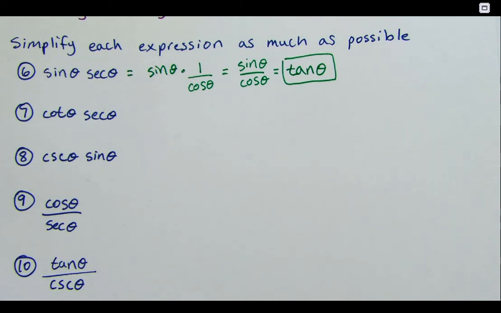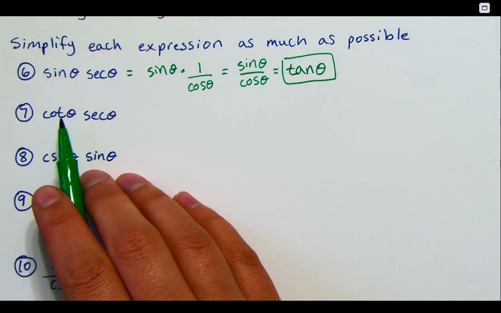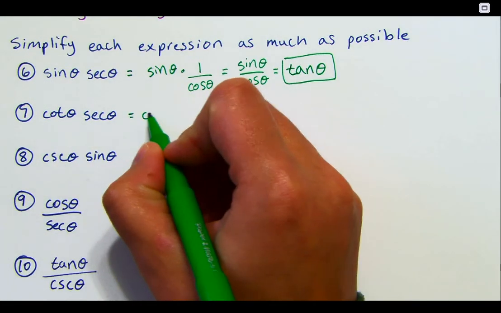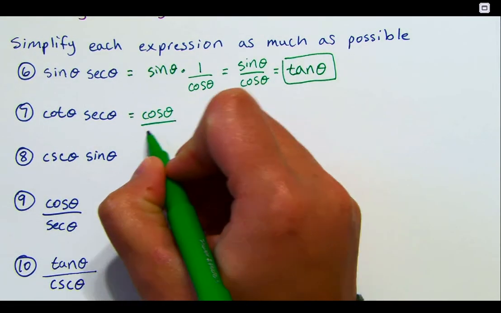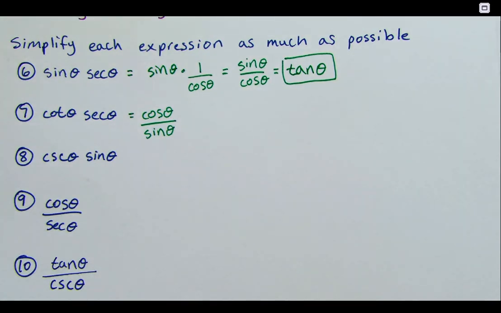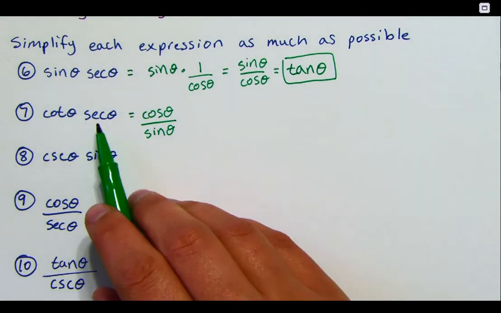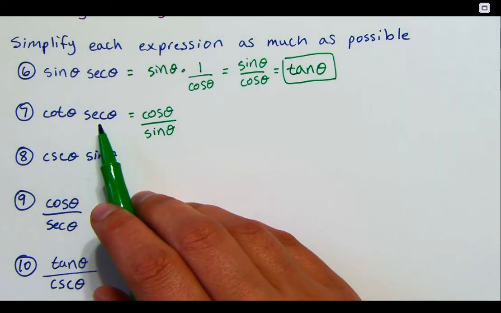So next one, I am going to start by replacing cotangent with its quotient. So this is going to be cosine theta over sine theta. Again, notice how we're writing things in terms of sine and cosine. And as I replace this cotangent, I'm also going to replace the secant with its reciprocal.